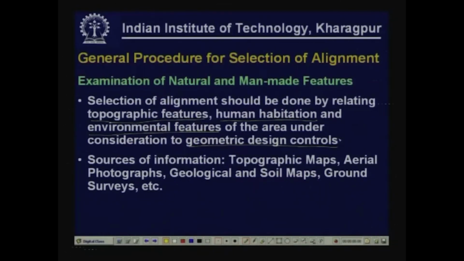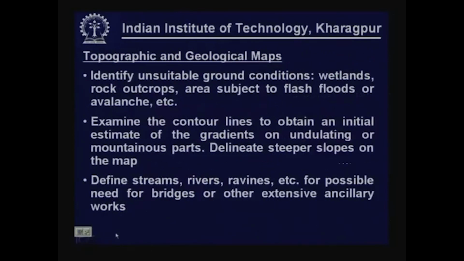So, we have to relate them. In the process, we use various sources of information, namely topographic maps, aerial photographs, geological soil maps, sometimes we carry out ground surveys. So, these are all different sources of information.